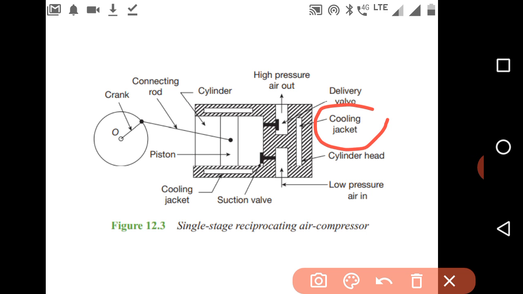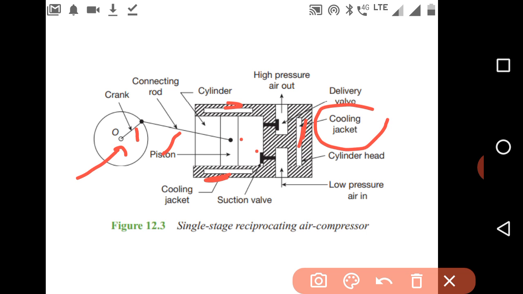So what are the different components we can see over here? The main components are the crankshaft, crank, connecting rod, piston and cylinder, and the cooling jacket is provided along the three sides of the cylinder.